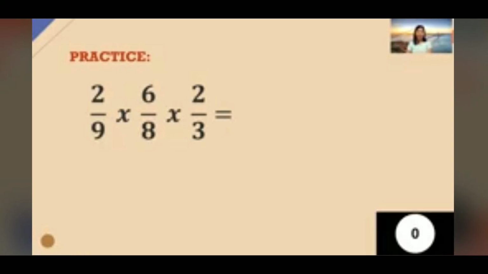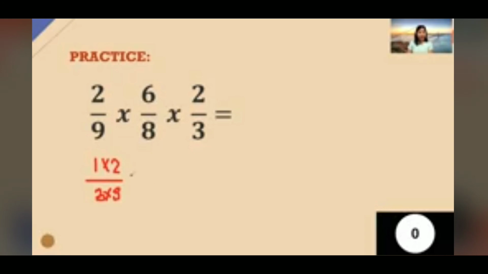Time's up. Let me hear your answer. Okay, let us check. Let us use the option B. So 2. What are the prime factors of 2? We have 1 times 2. And then the prime factors of 9 are 3 times 3.